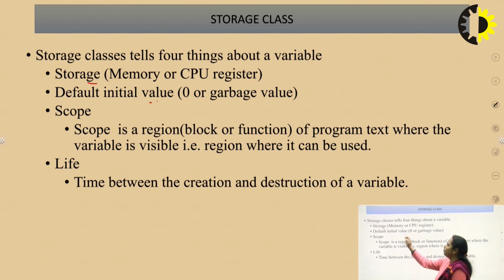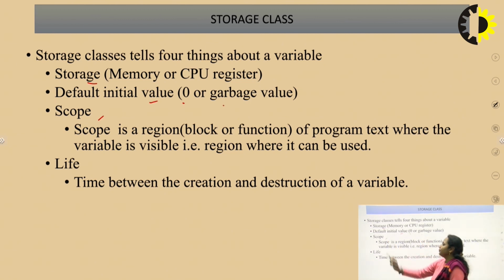Secondly, it will tell you the initial value held by the variable. Whenever you declare a variable and forget to provide any value, it has some initial value, that is either 0 or garbage value.